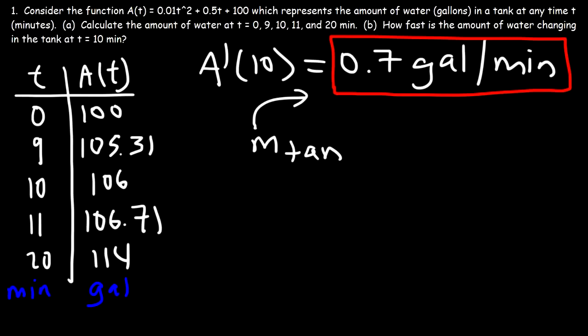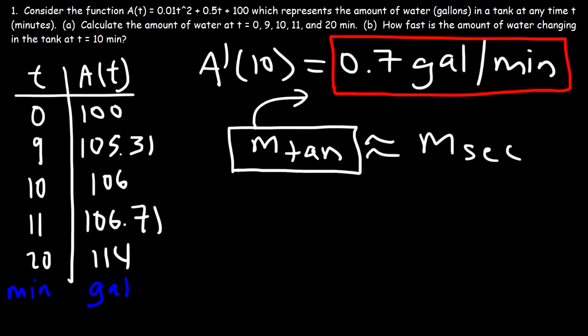But how do we know if our answer is correct? Well, one way to determine that is to calculate the slope of the tangent line by approximating it using the slope of the secant line. Now, it's important to understand that the slope of the tangent line represents the instantaneous rate of change. It's the rate of change exactly when t is 10. That's at 1 point.